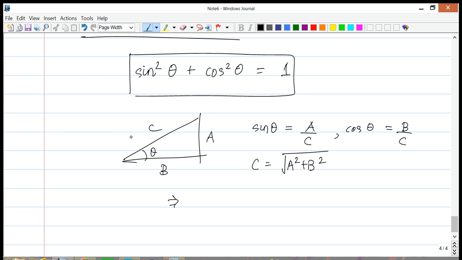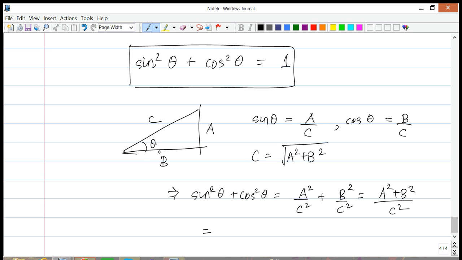So sine squared theta plus cosine squared theta can be written as A square over C square plus B square over C square, which is A square plus B square over C square. But what is C square? C square is A square plus B square as well, and so this is equal to 1.